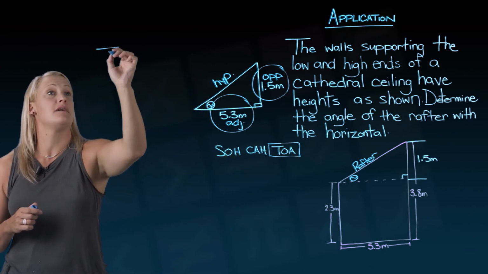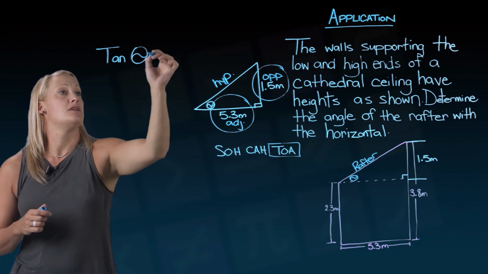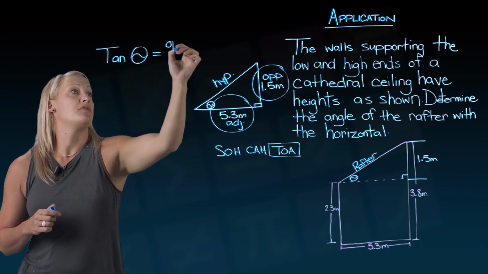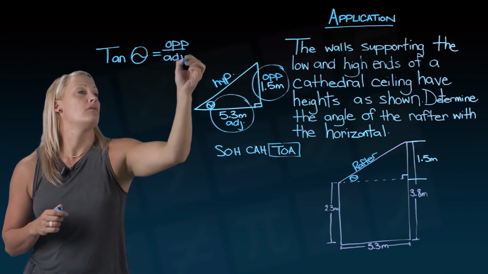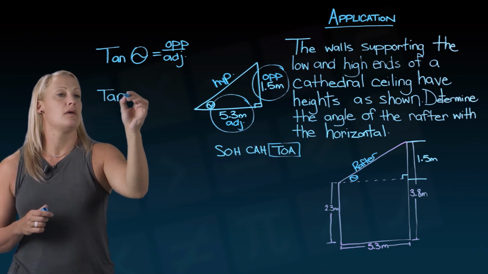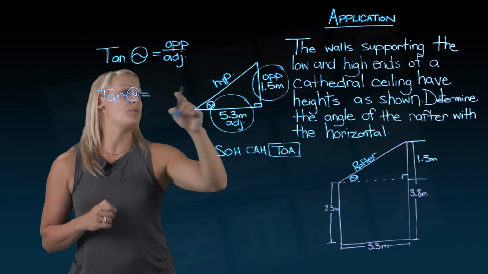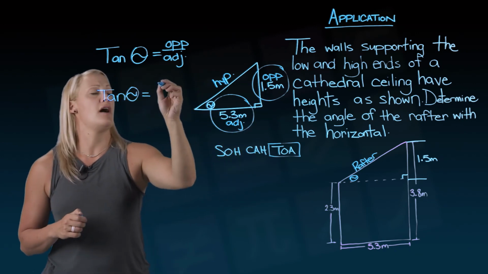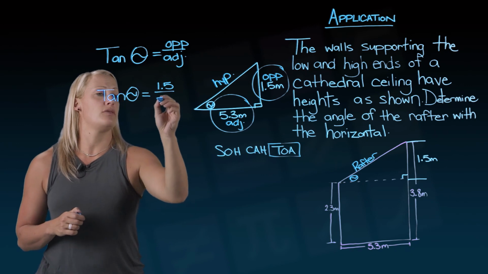So let's write that down. The tan of an angle, TOA, is opposite over adjacent. So let's plug our information in. Theta, I don't know it yet, and that's okay. Tan theta is opposite over adjacent, so opposite, 1.5, adjacent, 5.3.